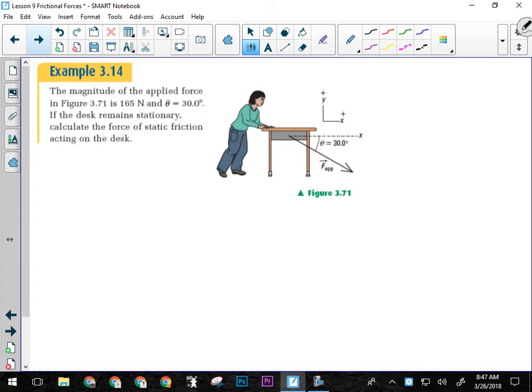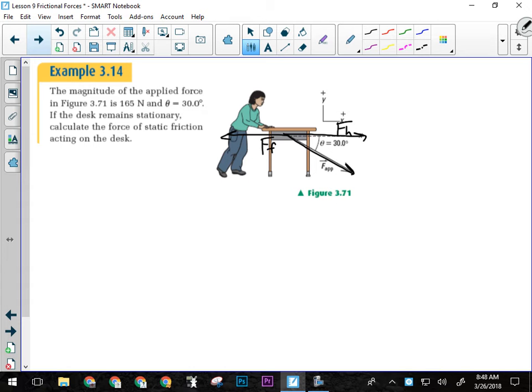So that means that the force of friction back on the desk and this component of the applied force are equal. They have to be, otherwise the desk would be sliding. So friction is resisting backwards, that would be this force, and this would be the horizontal component of our applied force. They have to be equal because the desk's not moving.